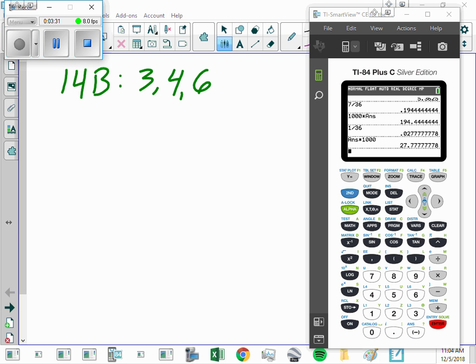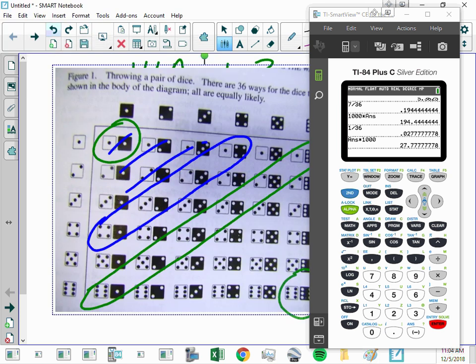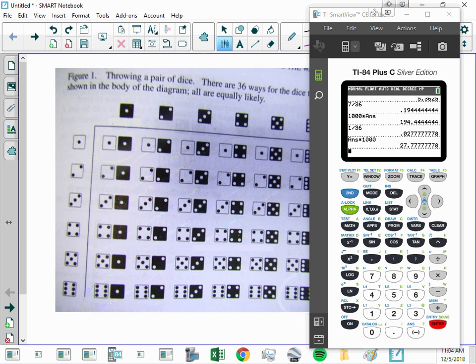So in this case, are the 2 events mutually exclusive? Can the roll on the first dice be the same as the roll on the second dice? Yes, so they're not mutually exclusive, so we're not allowed to add them together. And the reason is, if we look at this, how many ways are there to roll a 1 on the first dice? 6.